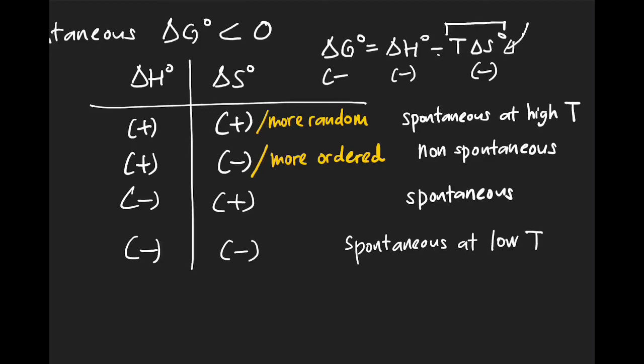This will be highly dependent on the reaction. Some of the reactions have the combination of positive delta H and positive delta S, some of the reactions will be negative, and so on.